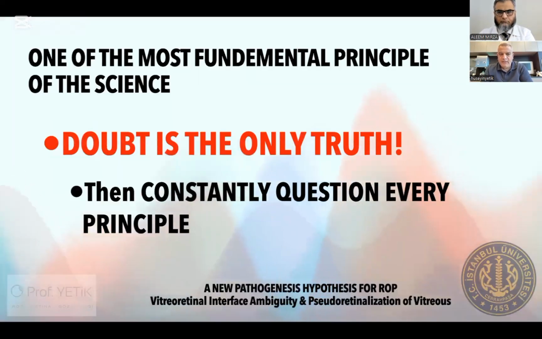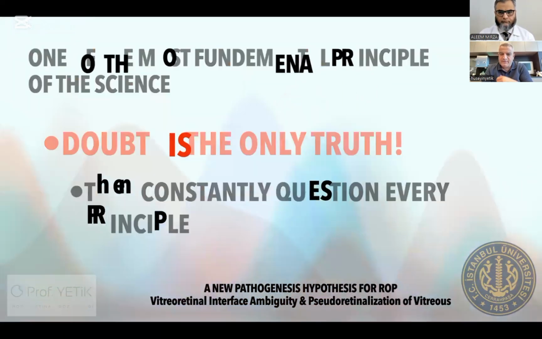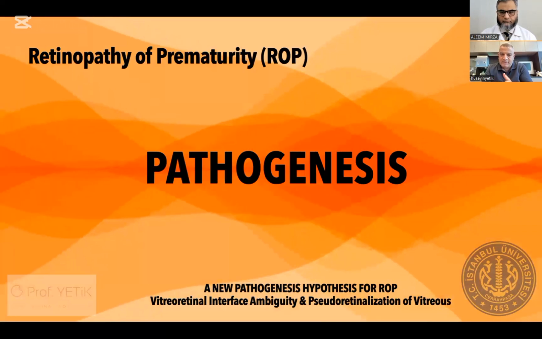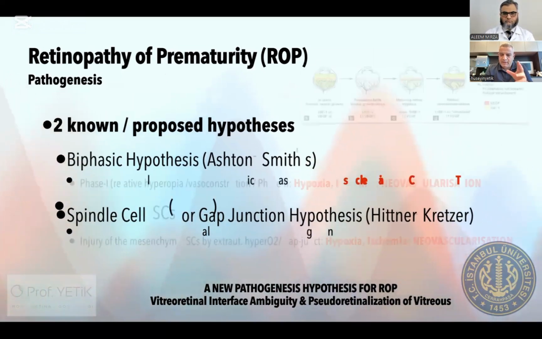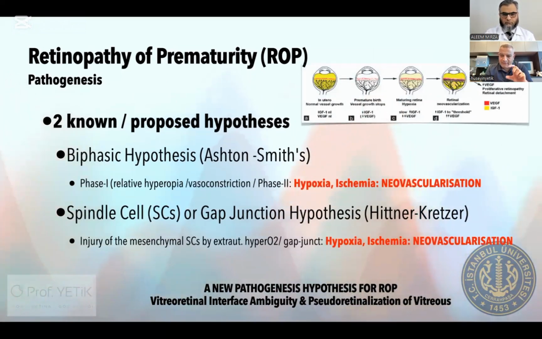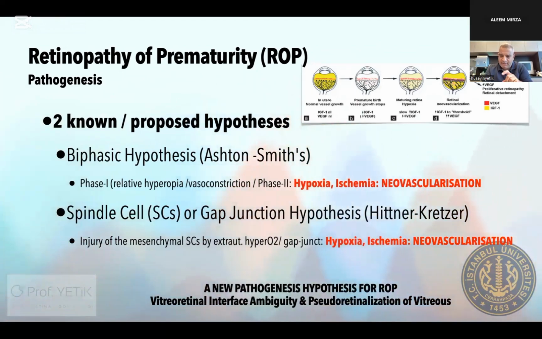this. So, that is the only truth, and we should constantly ask some questions. We know there are two known hypotheses, biphasic and spindle cell, but they are different in detail. Finally, both hypotheses go the same way.